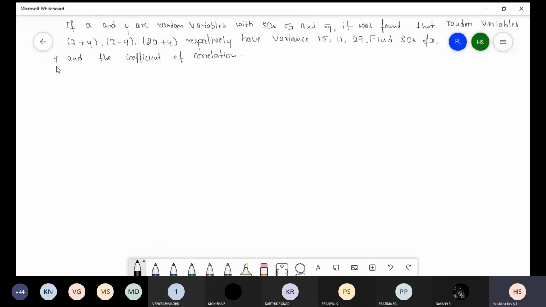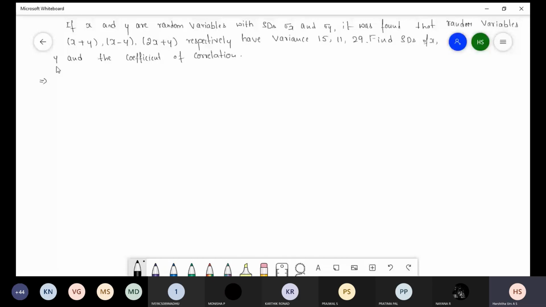First, for the solution, we have to write the given terms. If x and y are random variables with standard deviation sigma x and sigma y.